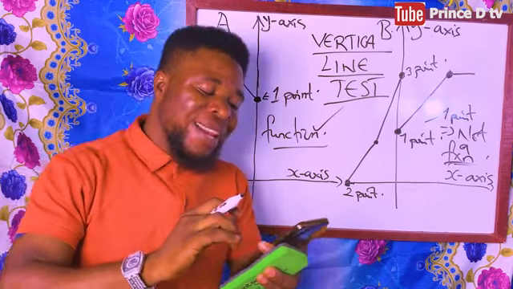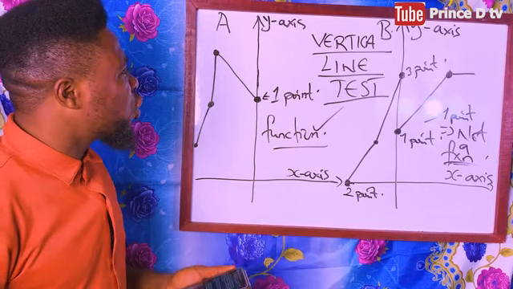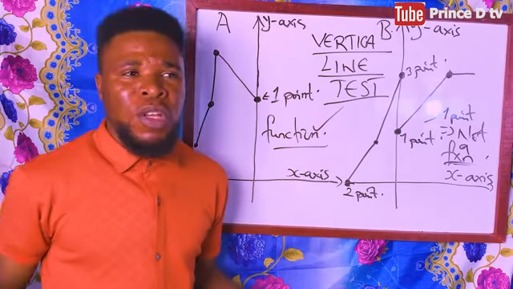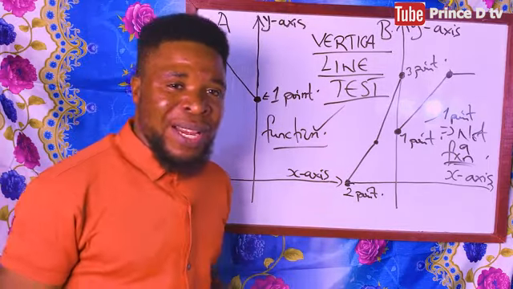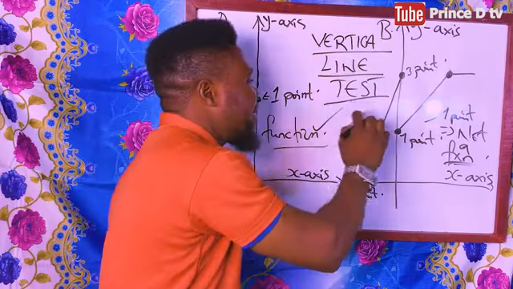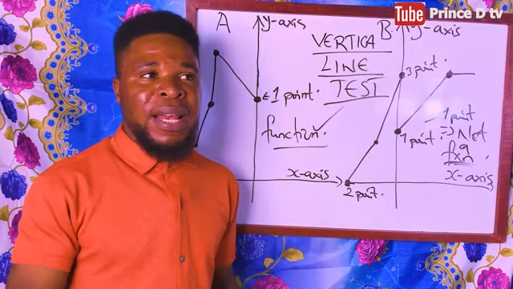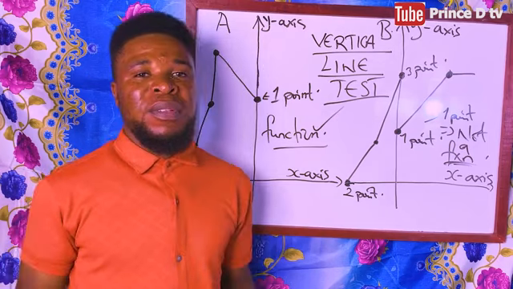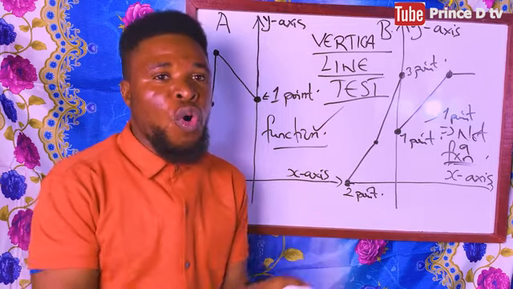And of course, it is just a quick and easy way to check if a relation is a function or not. So all what we have exhausted in this tutorial is the vertical line test. A quick and easy way for you to tell if a relation, given its graph, is either a function or not.